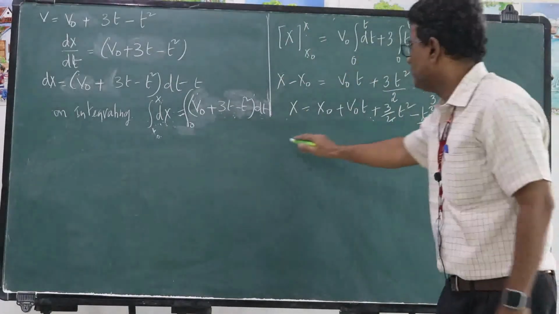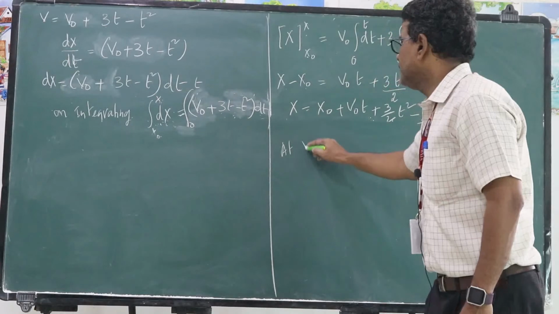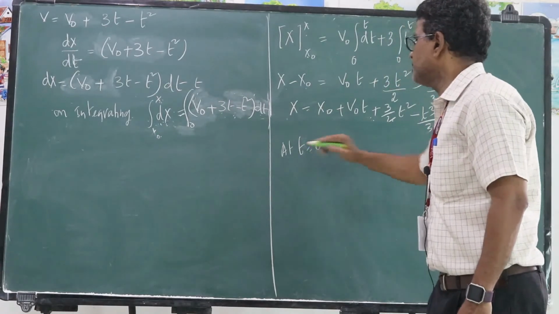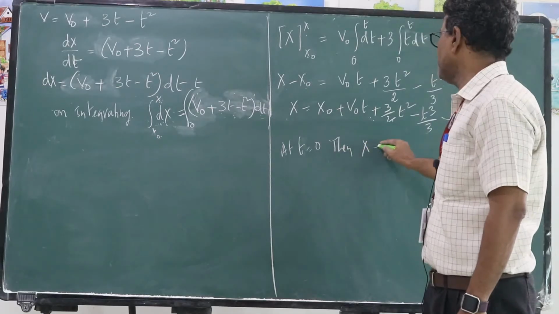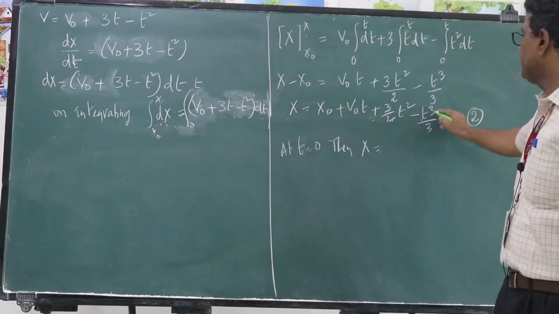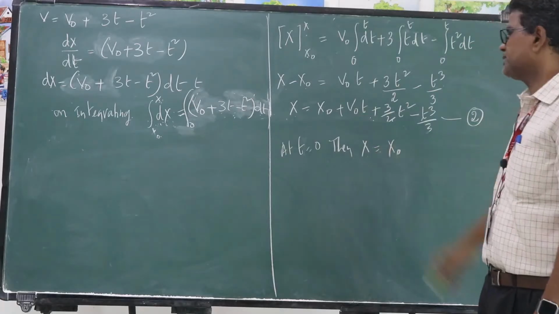So I will write here, at t is equal to 0, then x is equal to x naught.